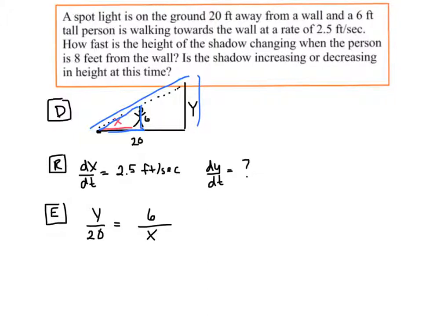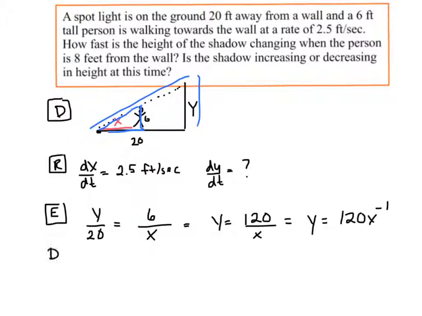So what might be nice here is multiplying both sides by 20. So you maybe had y equals 120 over x, something like that. Or maybe, since we know we're going to need the derivative, we'd like to write it as y equals 120 x to the negative first.